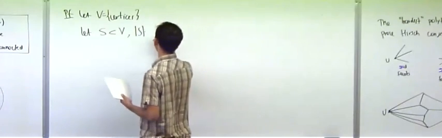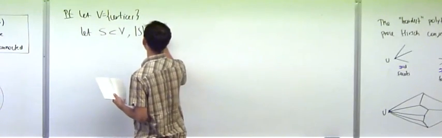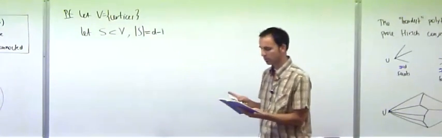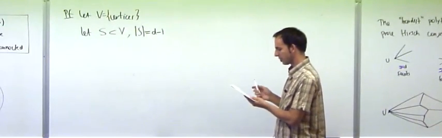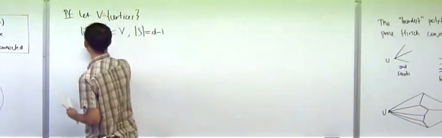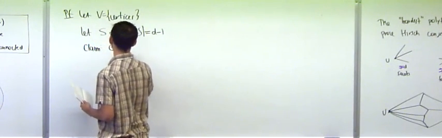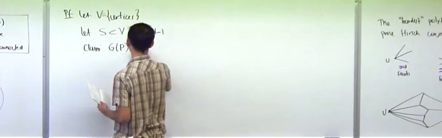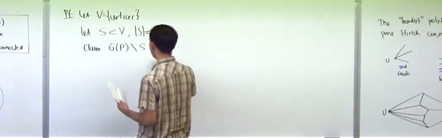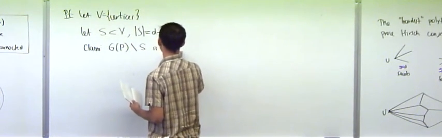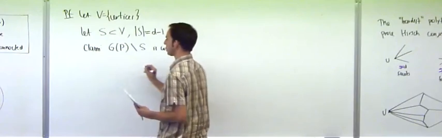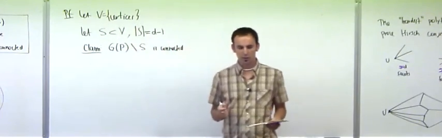It's not too hard to adapt this proof for a smaller number of deleted things. So of course what we need to prove is that if I take the graph and I delete the vertices in S, then what I get is connected.